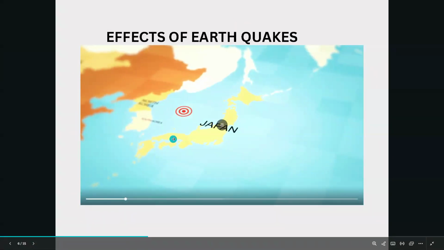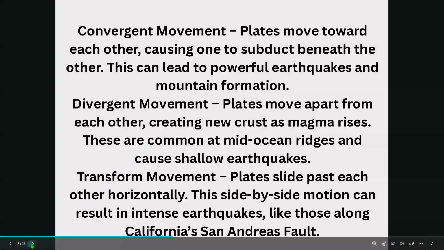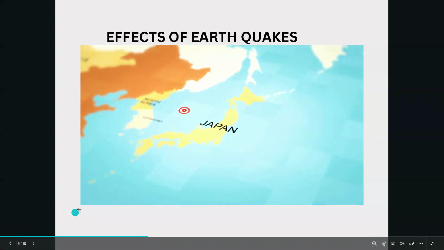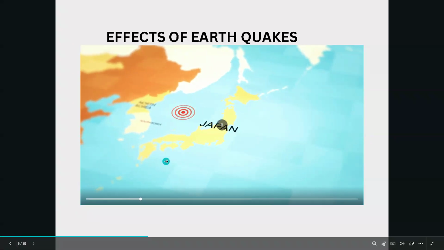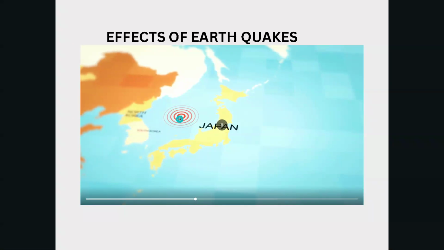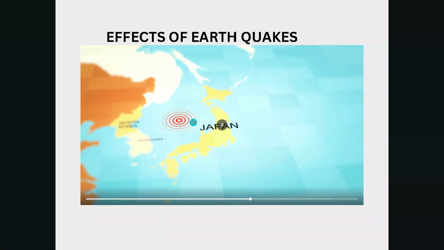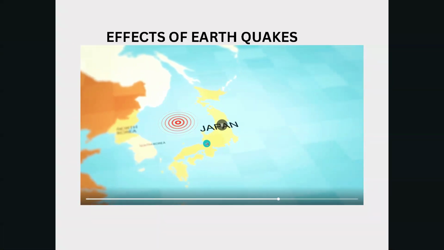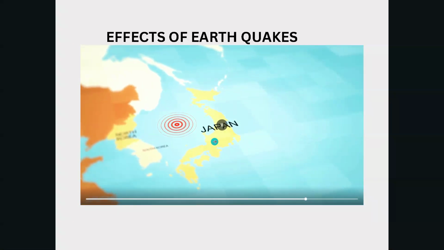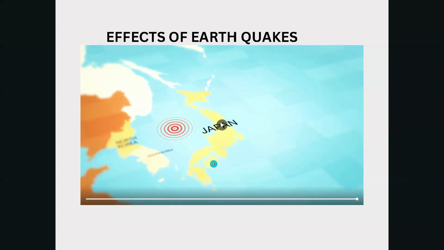In Japan, you see, even underneath the ocean, you will find movements here. We call this the epicenter where the earthquakes occur. So it will spread throughout the ocean and cause tsunamis and earthquakes in the nearby places. Japan is mostly prone to earthquakes.